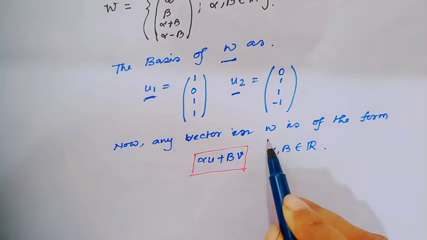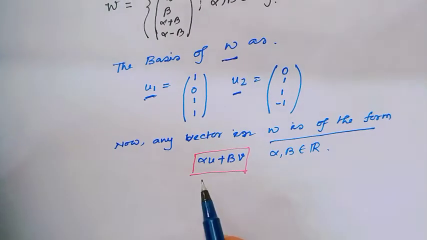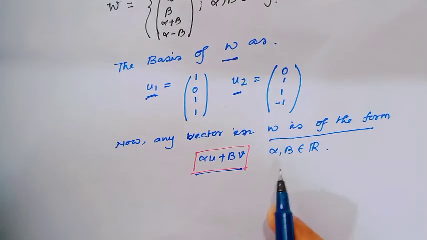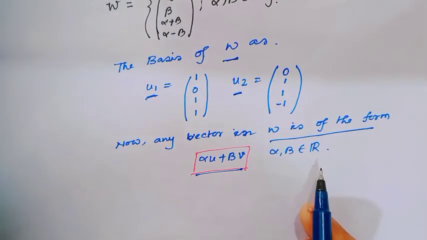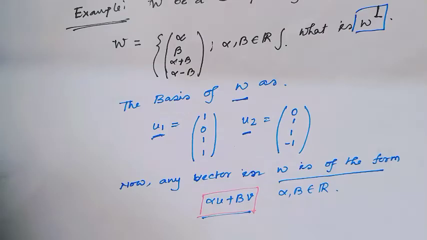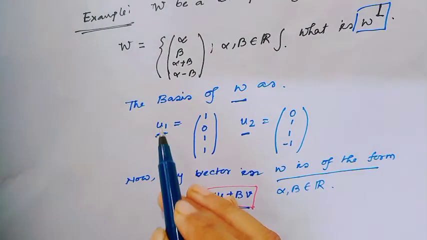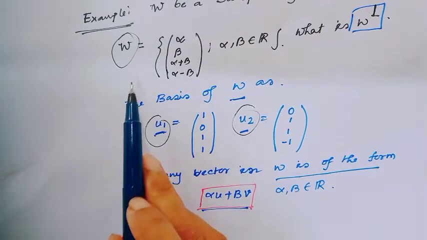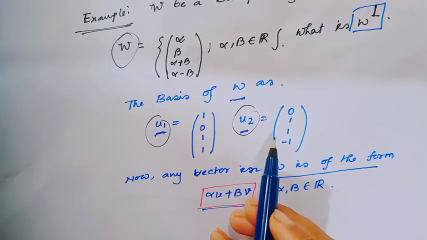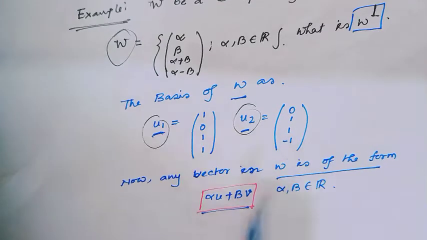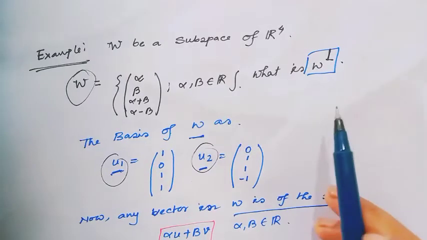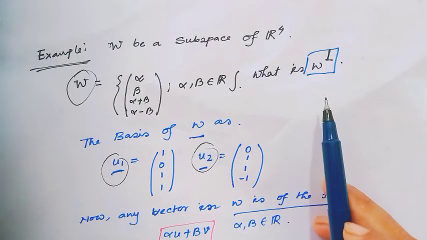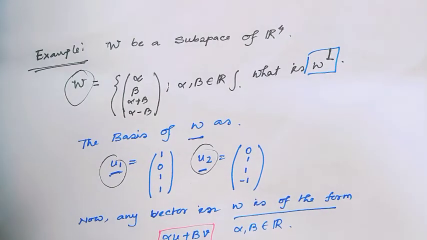Then any vector in W is of the form alpha u plus beta v, where alpha, beta belong to R. That means obviously these two vectors are a basis of W, because W is generated by these two vectors, which are linearly independent.